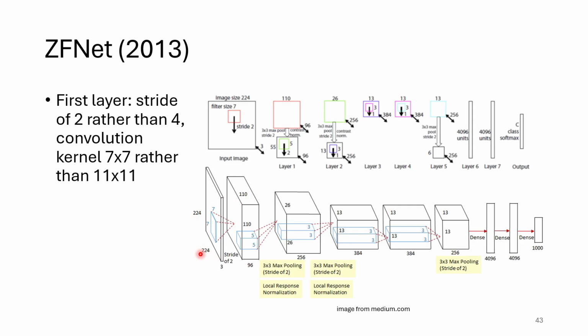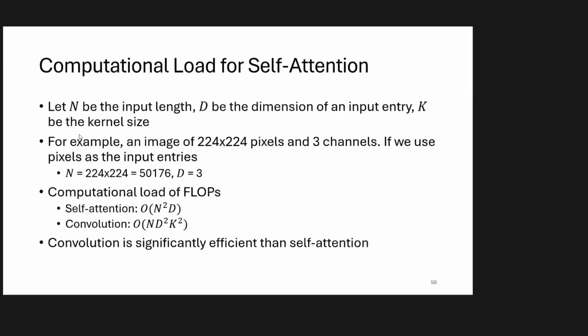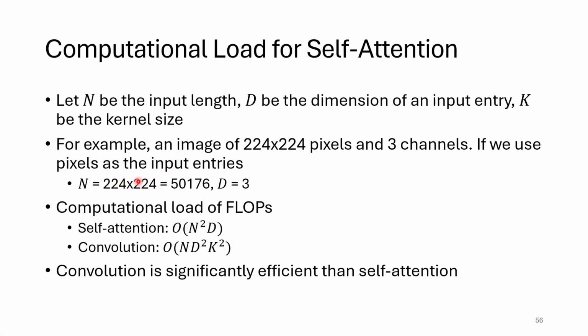It has almost become a standard for state-of-the-art neural networks. Therefore, I use the number here to illustrate the difficulty. If we have such an image, what will be the number of pixels? I should say the number of tokens.